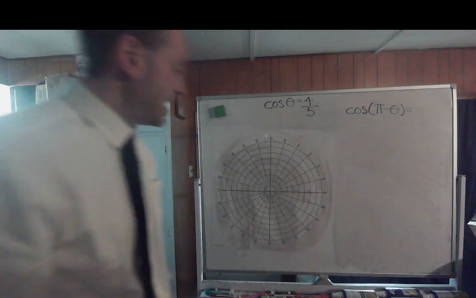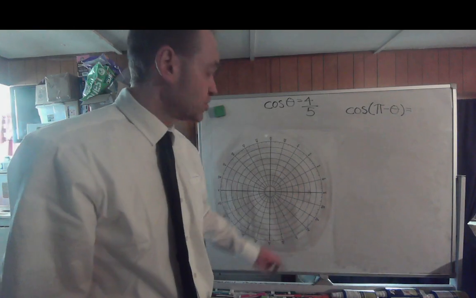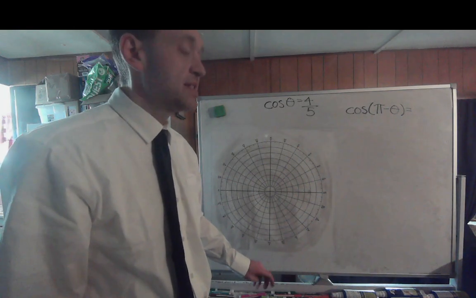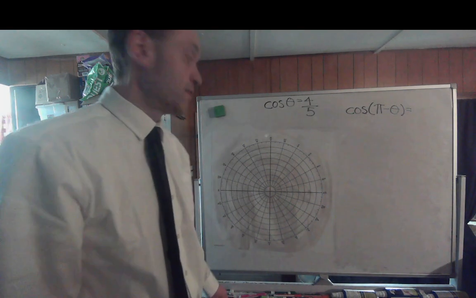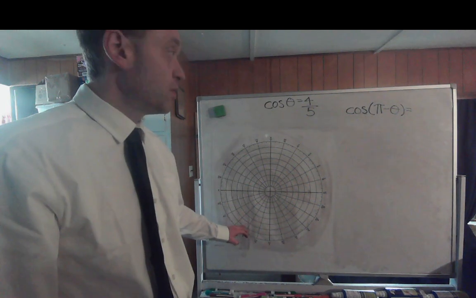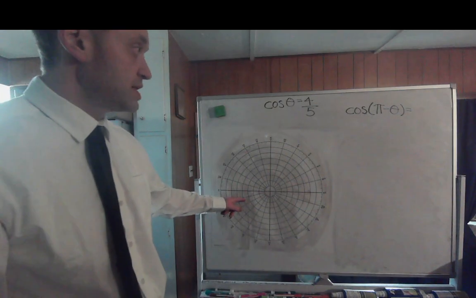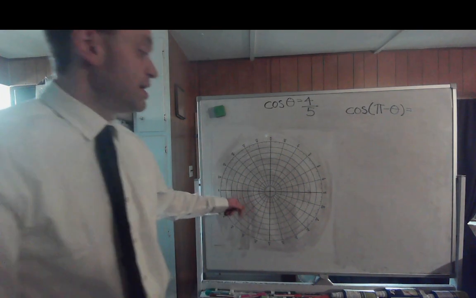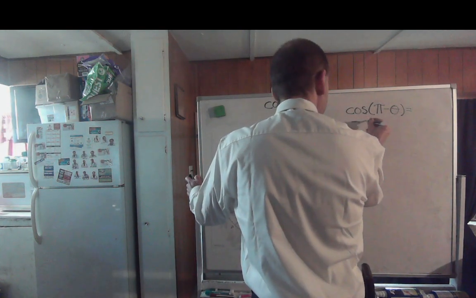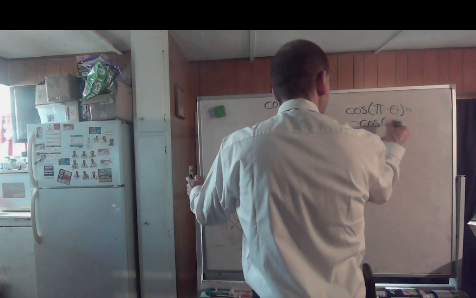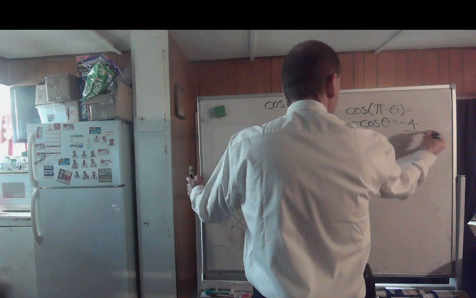I'll even make the angle negative, which is in the fourth quadrant. So you have pi minus negative pi over 4. That would give you pi plus pi over 4, which would give you 5 pi over 4. That would negate that because you would be in the third quadrant. So either way, this also is going to turn into negative of the cosine of theta, which would actually end up giving you negative 4/5.